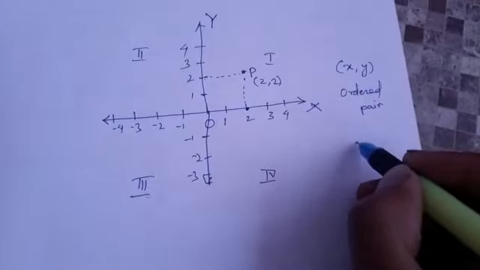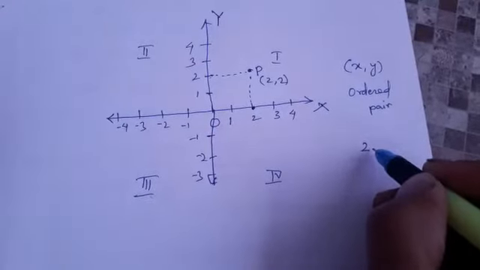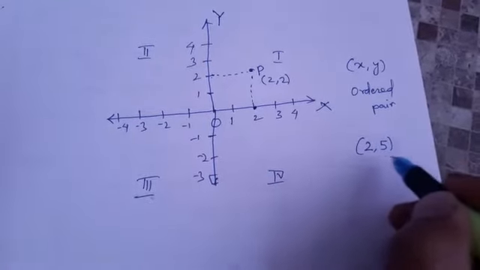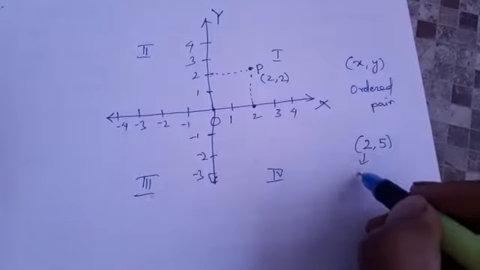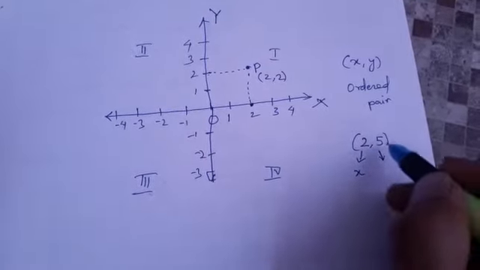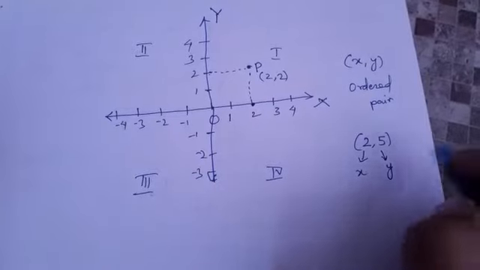Suppose the coordinate of a point is 2 comma 5. So this is the value of the x coordinate and this is the value of the y coordinate.